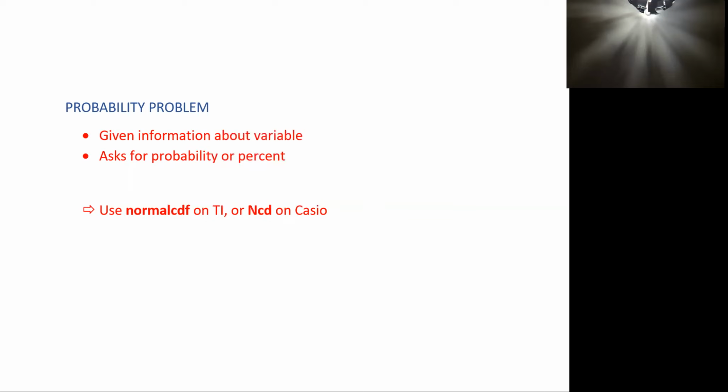Now, remember again, probability, percent, proportion, they all mean the same thing, and they all mean the area of the normal curve. When you ask for a probability or a percent, that makes it a probability problem. And on the graphing calculator, you use either normal CDF on the TI or NCD on the Casio.